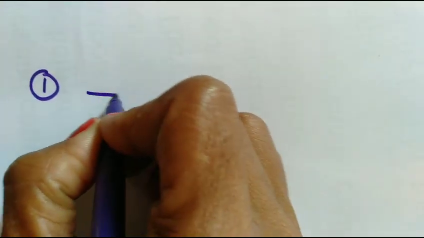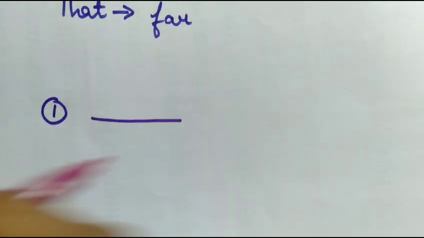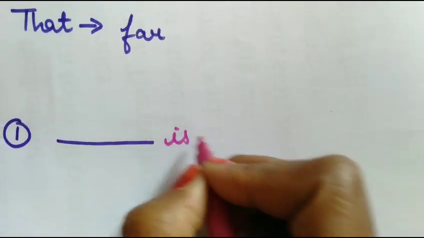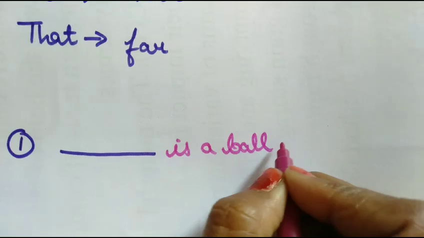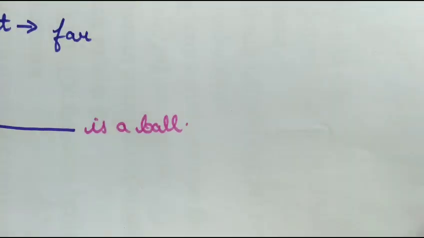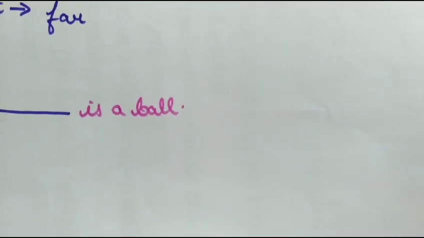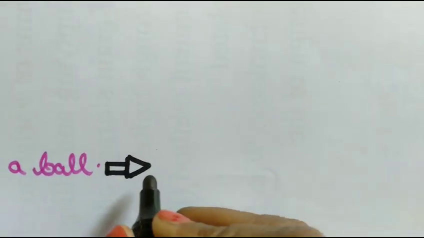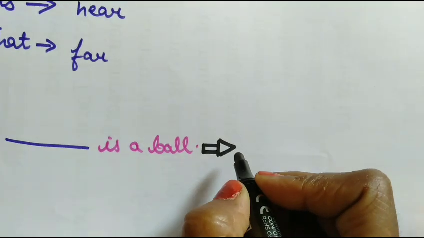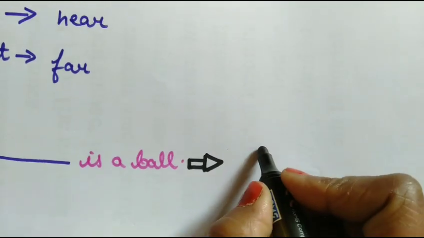Here I am going to take some examples. Number 1, dash is a ball. Dash is a ball. So I am making here an arrow. This arrow indicates near things when I am talking something about near.